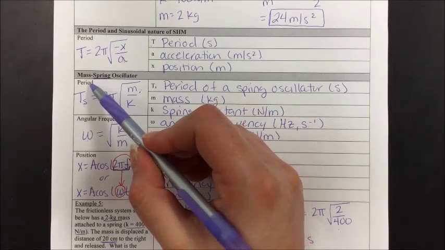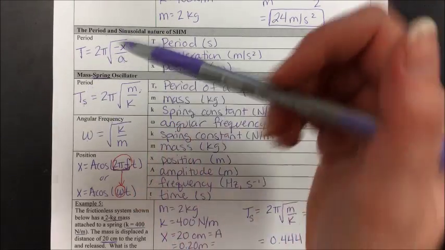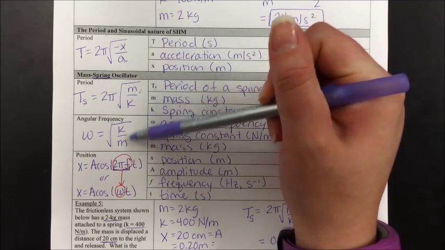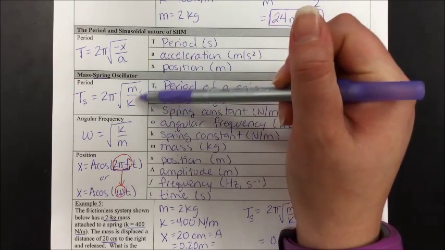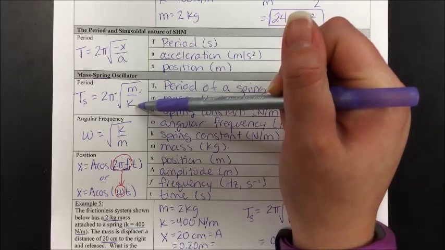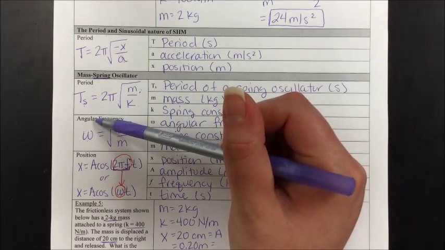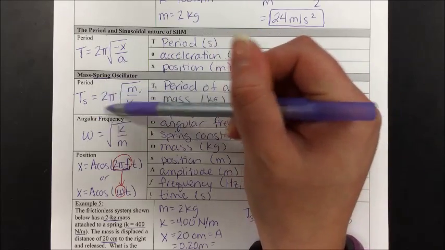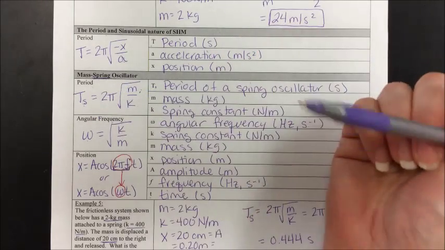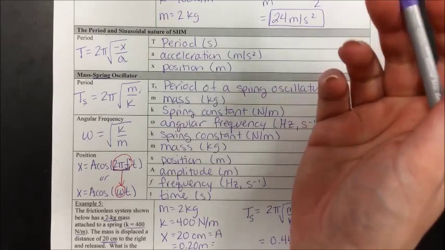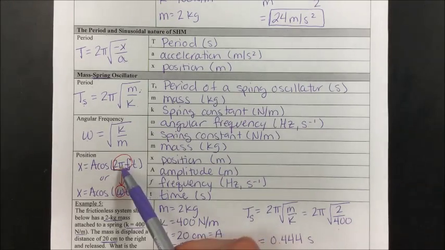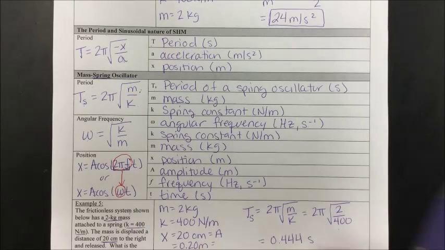So remember from our previous unit on circular motion that period and frequency are inversely related. That accounts for why the inside of our square root is flipped. And then when we get into angular, that has to do with our circle, and so that's why the 2 pi disappears. Now there's more to that equation, but for now, that's what you need to remember. And we know that our angular frequency also equals 2 pi times our normal frequency.